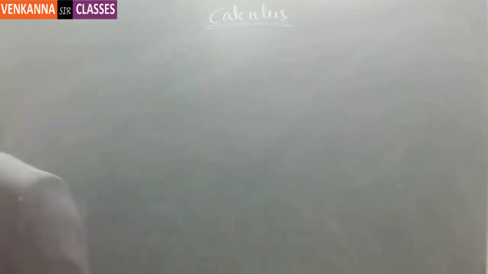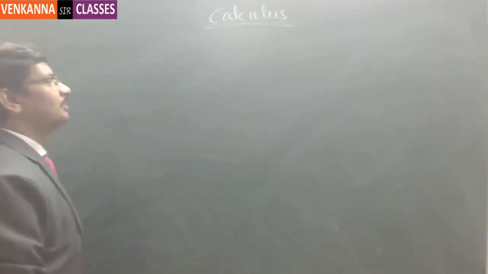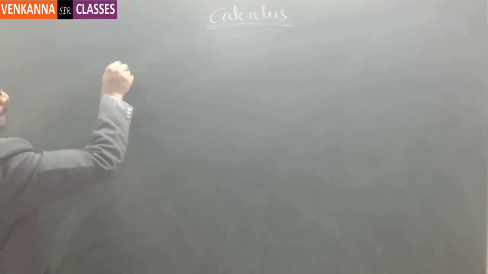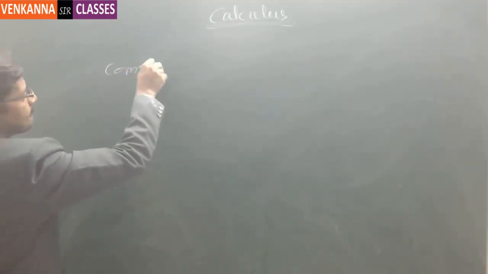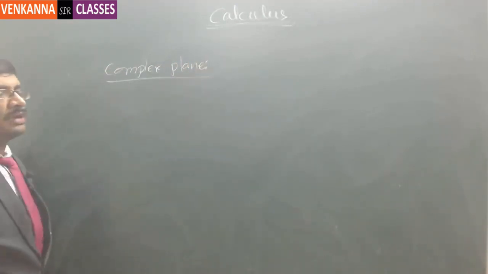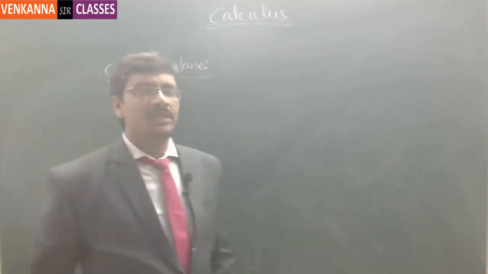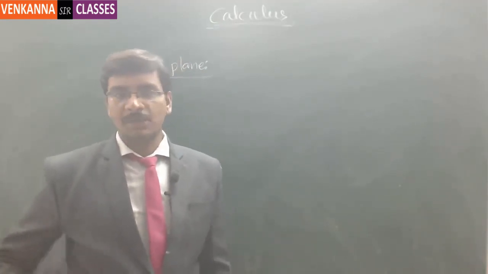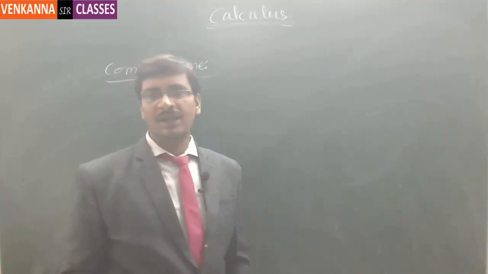Then see this, in a complex number system, right? We usually represent it in a complex plane. Why we represent it in a complex plane is because of the complex number. Usually a number can't be complex, right? It has to be a single number, maybe 1, 2 or 1.5, any random number like that.